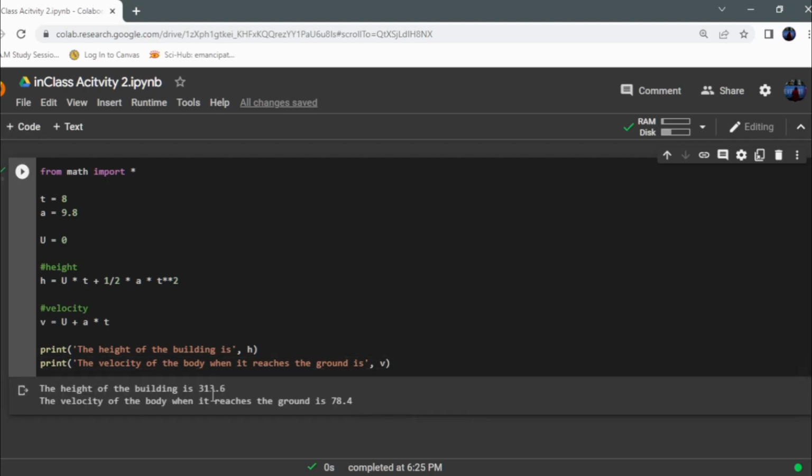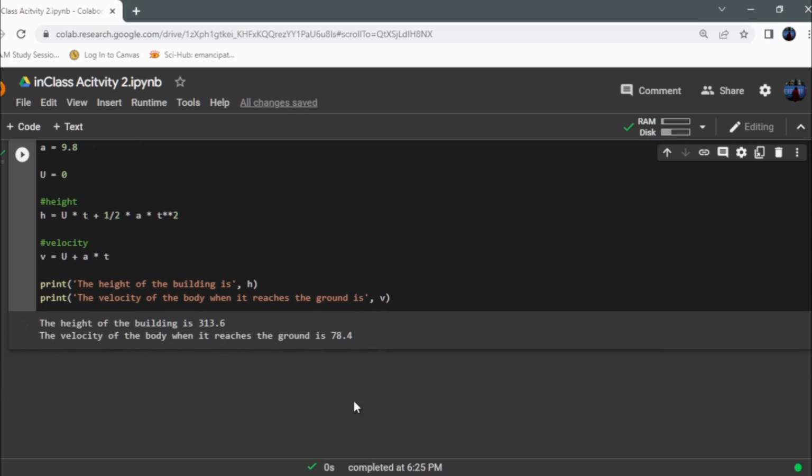Yeah, the height of the building is 313.6 and the velocity of the body when it reaches the ground is 78.4.